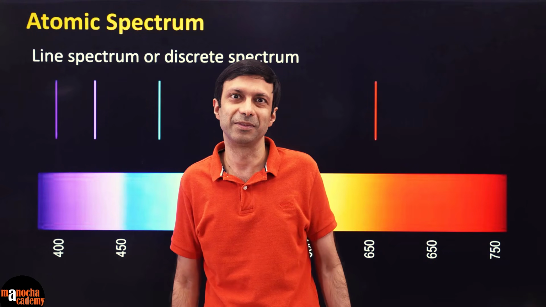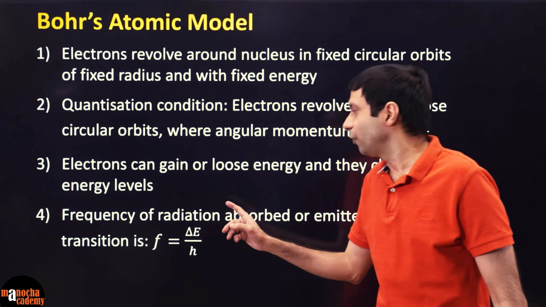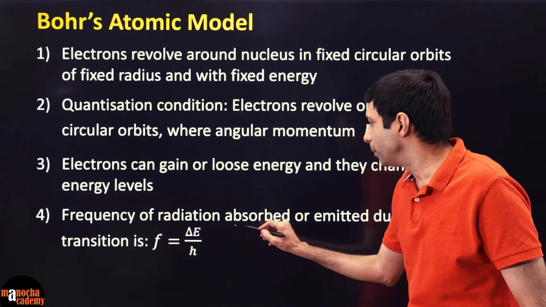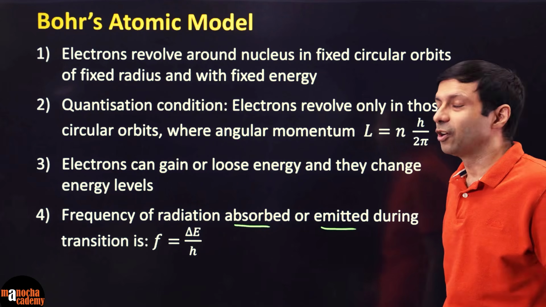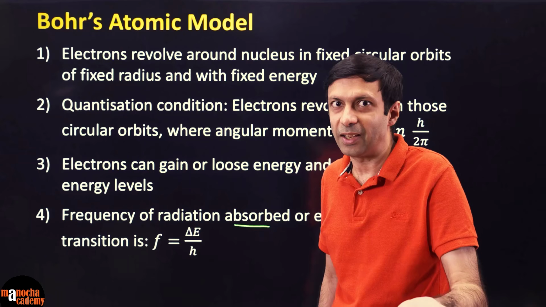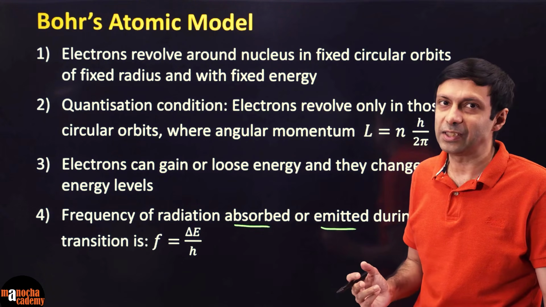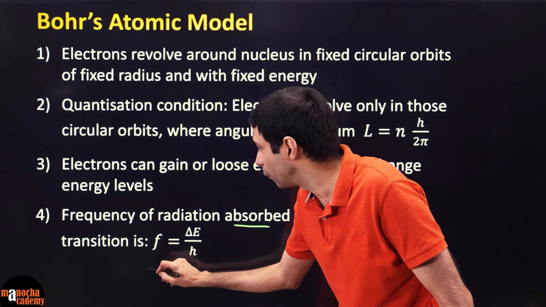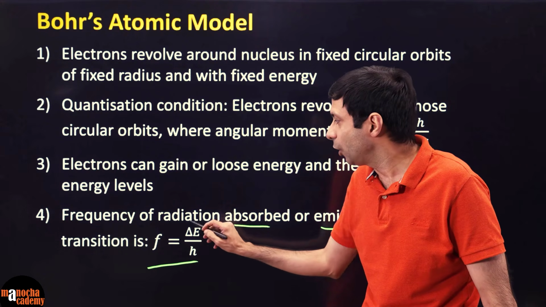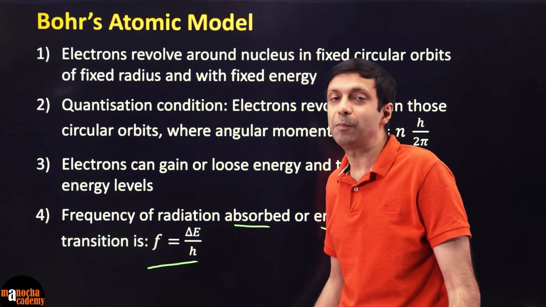So the fourth postulate of Bohr's model said that the frequency of radiation absorbed or emitted during these transitions, so when an electron moves from one shell to the other, then as we discussed, energy is absorbed or emitted, and the frequency can be calculated using this formula. Frequency f equals delta E, the change in energy, divided by h.